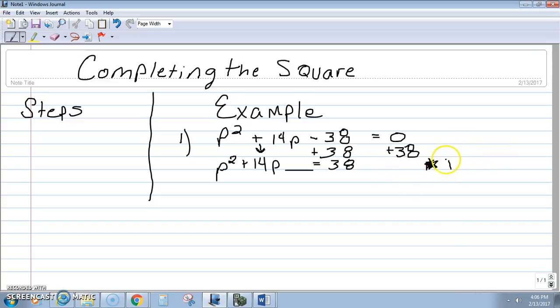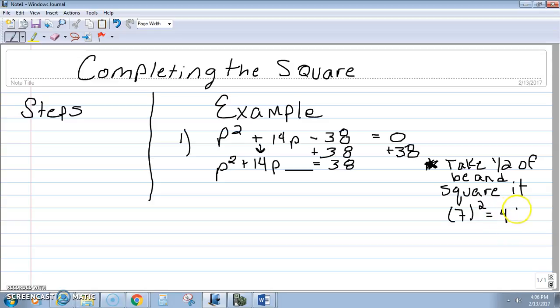But take half of b and square it. Okay, so half of 14 is 7, and we want to square it, and we get 49. Okay, and we're going to put that 49, and it's positive, right here.